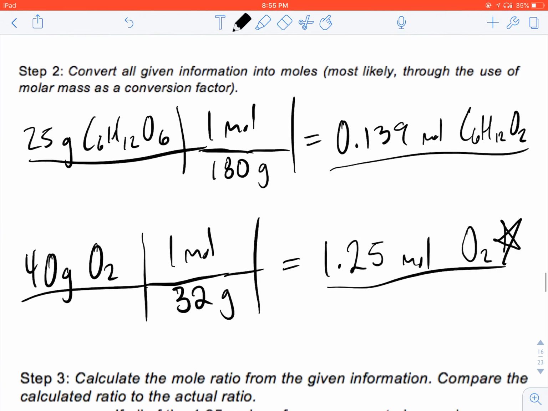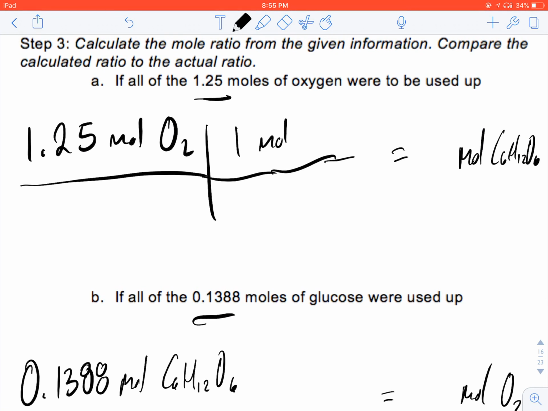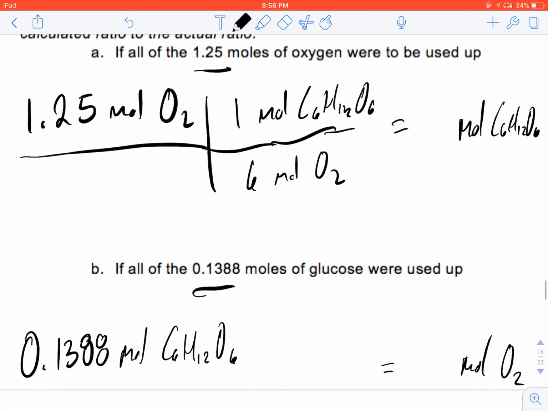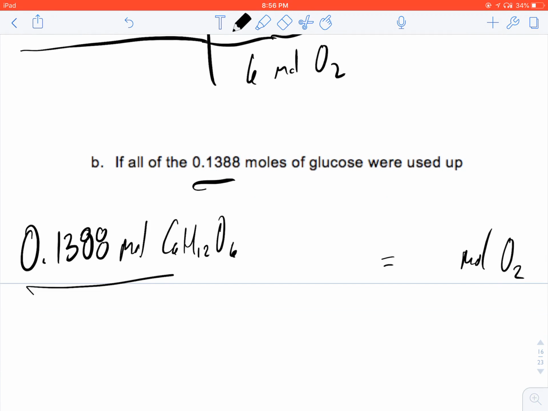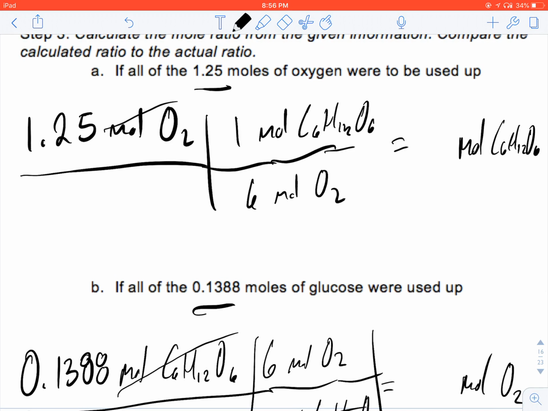So let's use that one. Mole ratio is 1 mole C6H12O6 for 6 moles of O2. Down here, using that same mole ratio but flipped, we are going to write it this way. Those cancel out. Those cancel out.